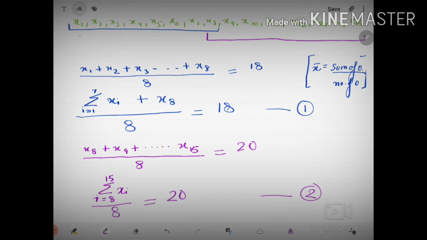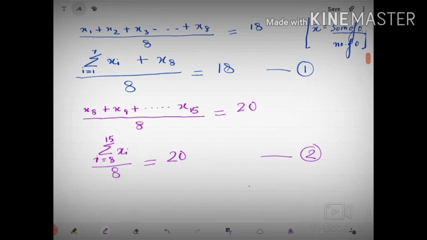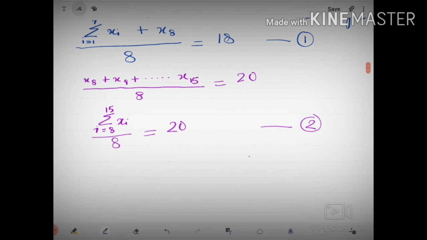Now I am going to use these two equations to find out the missing value of observation number 8. Also we know that if you find the mean of all observations given, it is equal to 19. So what we are going to do, we are going to add these two equations.